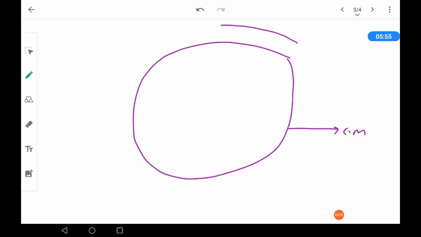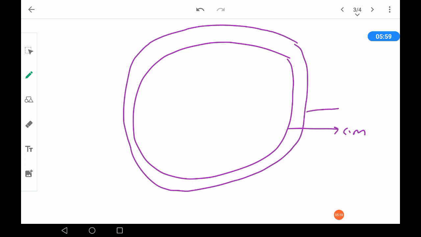Also we have the cell wall. This is the cell wall of the plant, which is made up of cellulose.